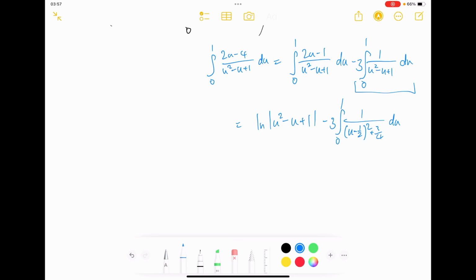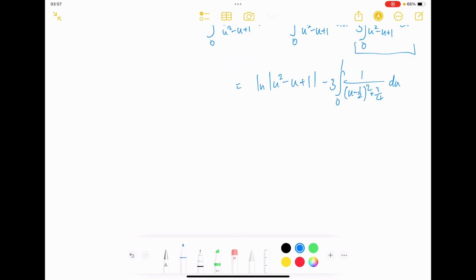And then du. And then, I think I've mentioned it before, if you have the integral of 1 over u squared plus a squared or something, it's 1 over a inverse tangent u over a. Yeah. So we'll do the same thing.